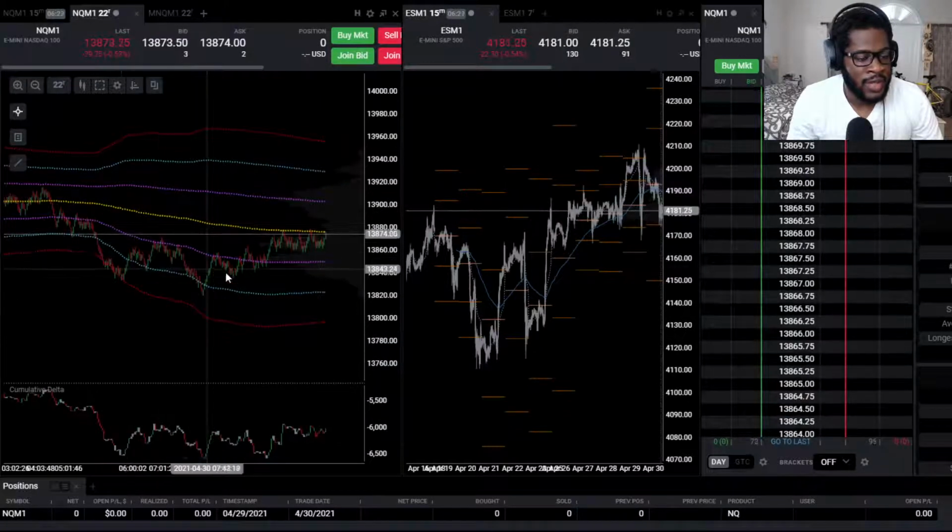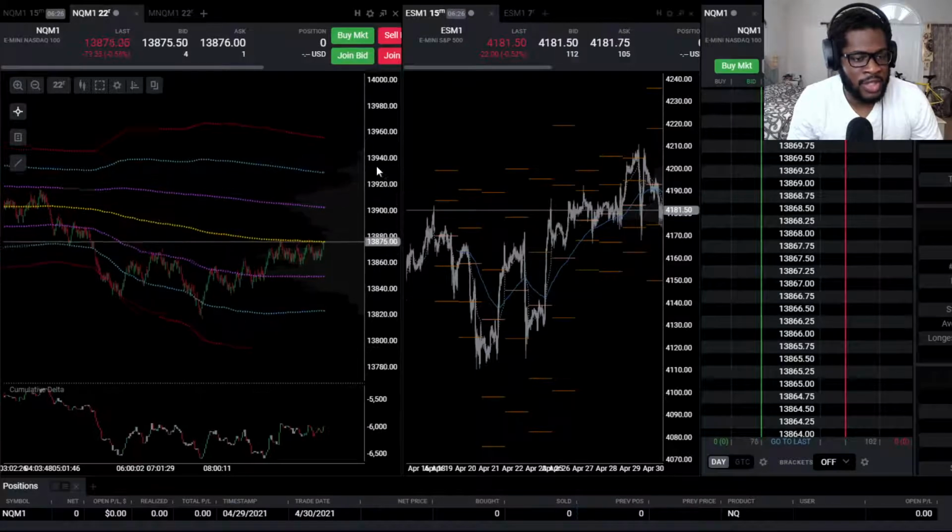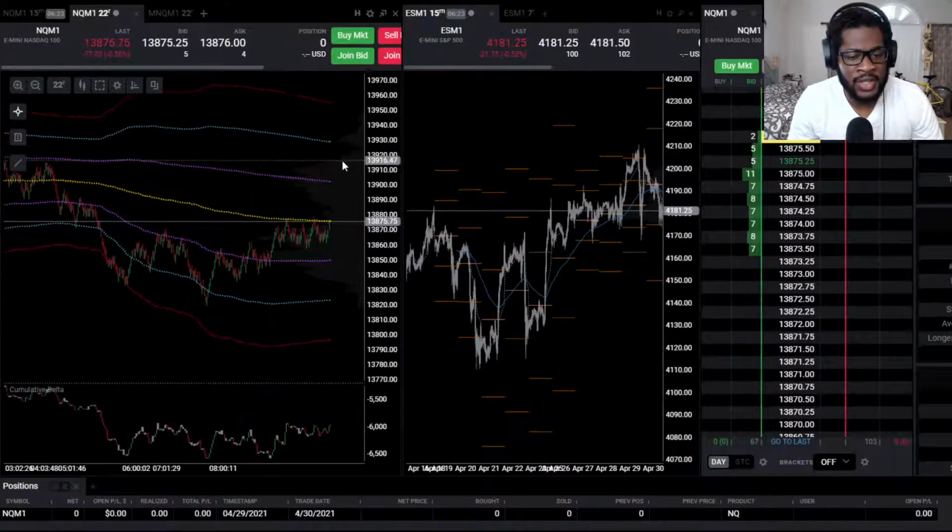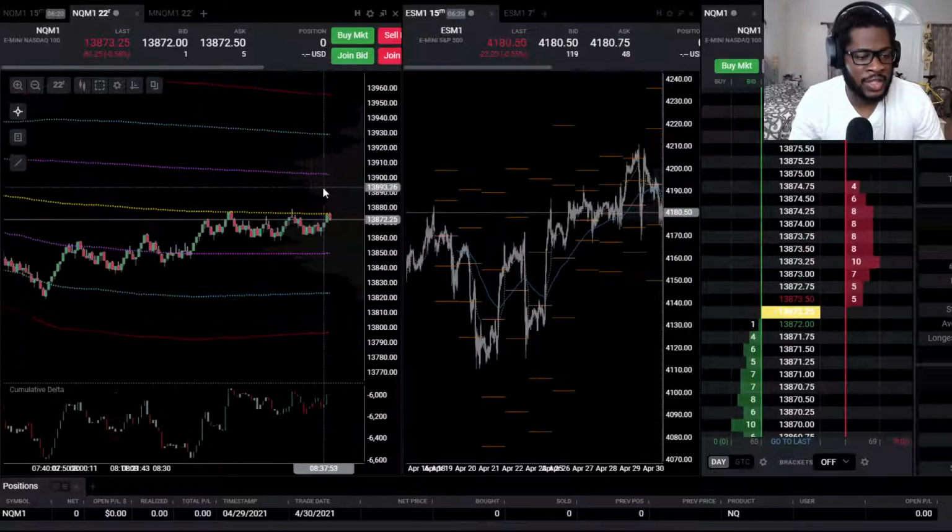Markets look like they sold off last night, like they're trying to push up. Just gonna chill and see how it responds to VWAP before we look to get into any trades.